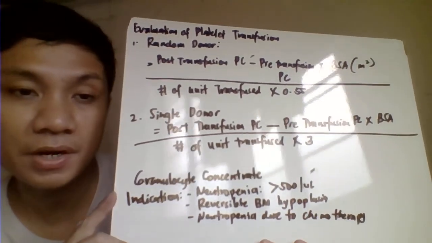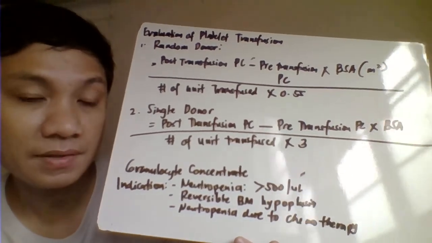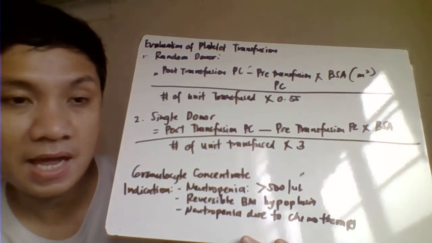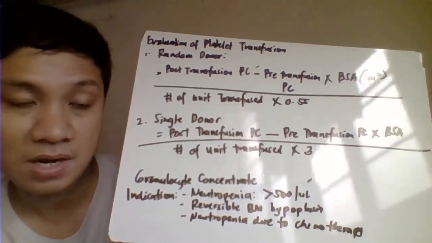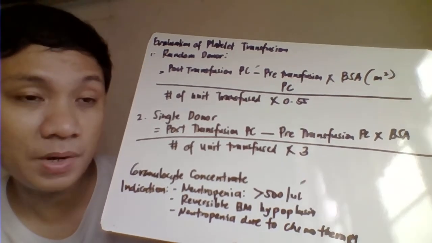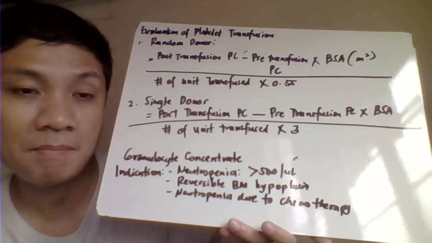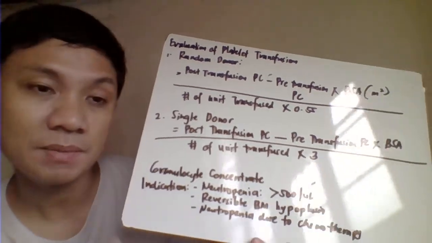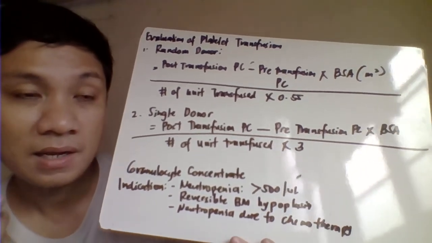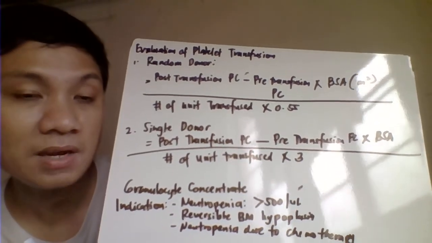For the next one, we have your granulocyte concentrate. This can be prepared by your apheresis program. Granulocyte concentrate is for increasing the neutrophil count of patients, especially for patients having neutropenia, or neutrophil count less than 500 per uL, and the patient is unresponsive to medical treatment, where the patient has septicemia or bacteremia, is no longer responding to antibiotic treatment, and has a neutrophil count less than 500 per uL.